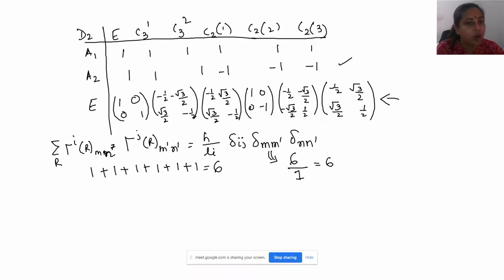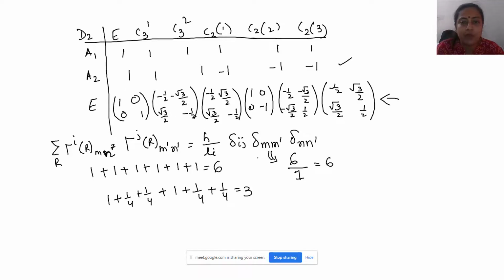So for me, m equal to m prime, n equal to n prime, and i equal to j. If I do so, I am going to get the square of 1, square of minus half, square of minus half, square of 1, minus half squared, minus half squared. If we do so, we are going to get 1, 1/4, 1/4, 1, 1/4, 1/4. So this is going to be 1, 2 and then 3.